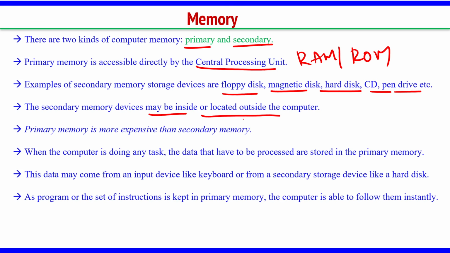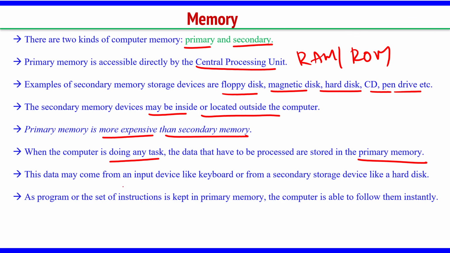Hard disk can be inside the computer, while CD or pen drive can be outside the computer. Primary memory is more expensive than secondary memory, because it is inside the computer. When a computer is doing any task, the data that has to be processed is stored in primary memory.